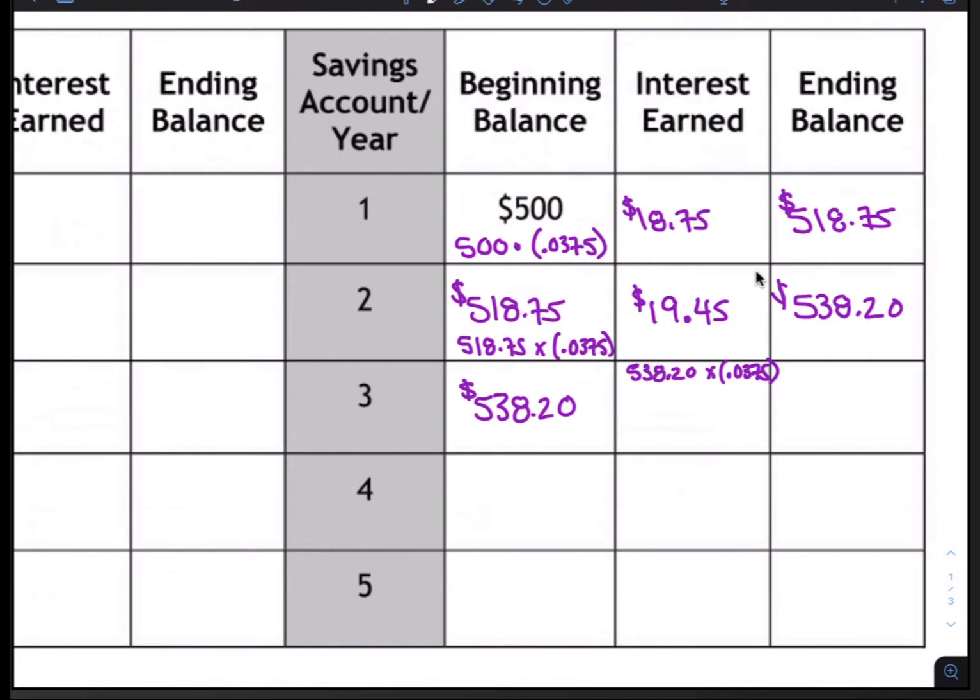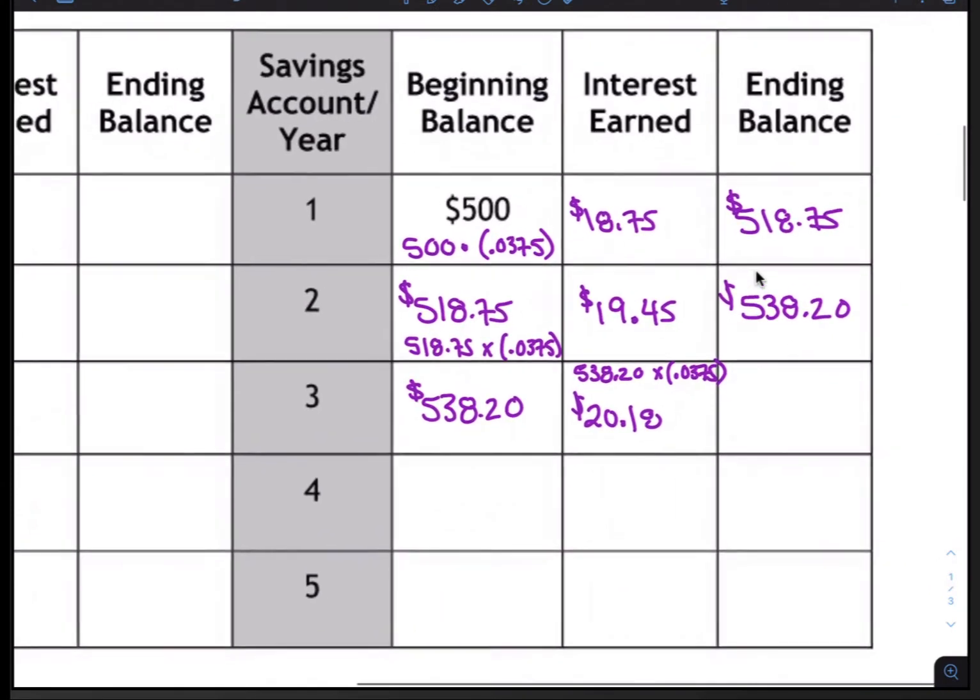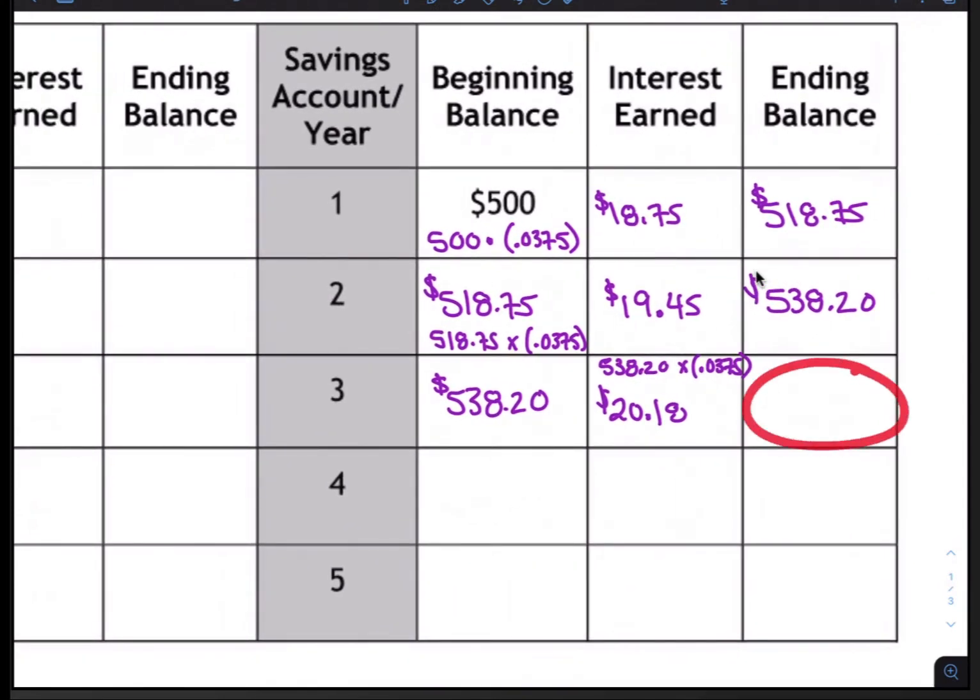And that's going to give us a total of $20.18. Now, to figure out this ending balance, we simply take the beginning balance here plus the interest. So we'll add these two amounts. Adding those two amounts, we get $558.38.